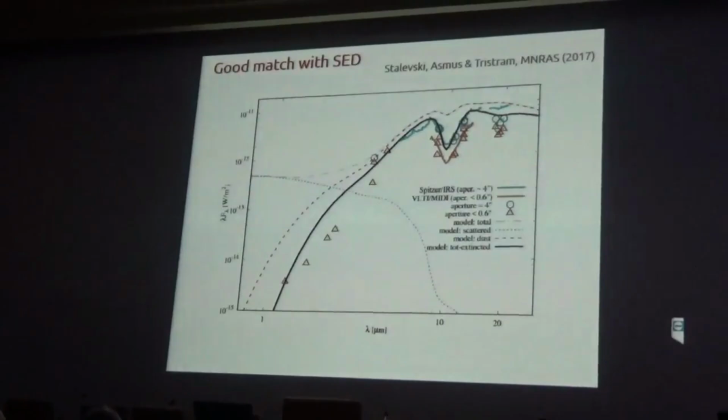So what you see here, these red triangles are photometry extracted from small apertures. So they would correspond to the unresolved nucleus, so they can only be taken as a lower limit. This orange line here is the VLTI MIDI spectrum, which is again a small aperture, so only a lower limit.